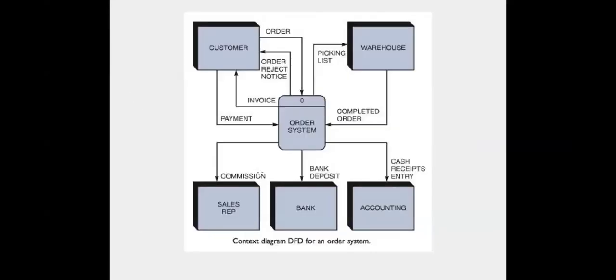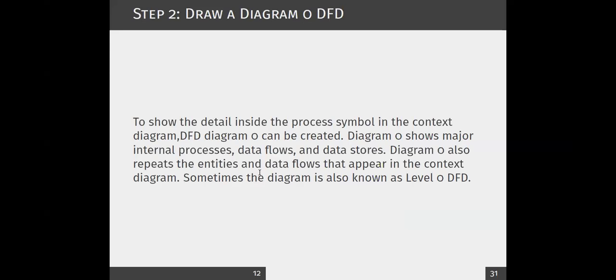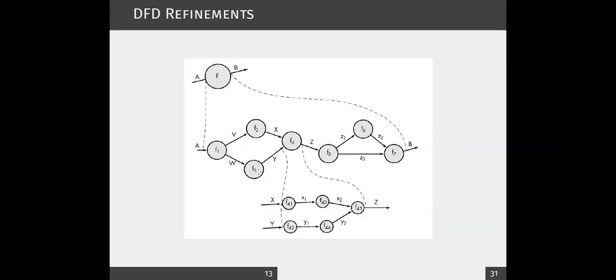Now, when you go to the next level, you talk about the inner details. For example, if you have A and B coming in and going out from the process, and you go into the detail of this, the same thing should come in and the same thing should go out, and it could go into smaller sub-processes.